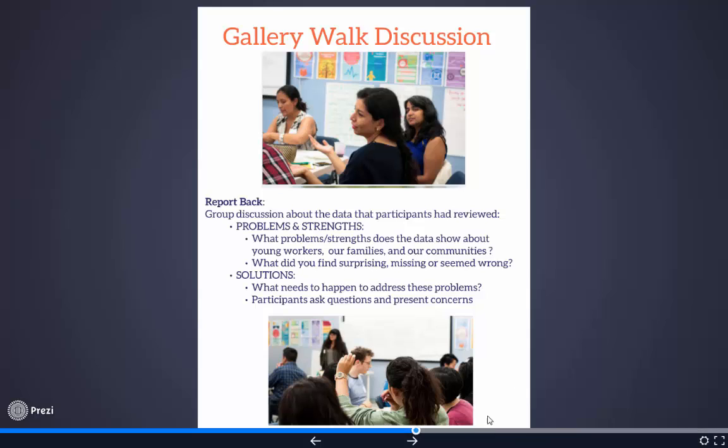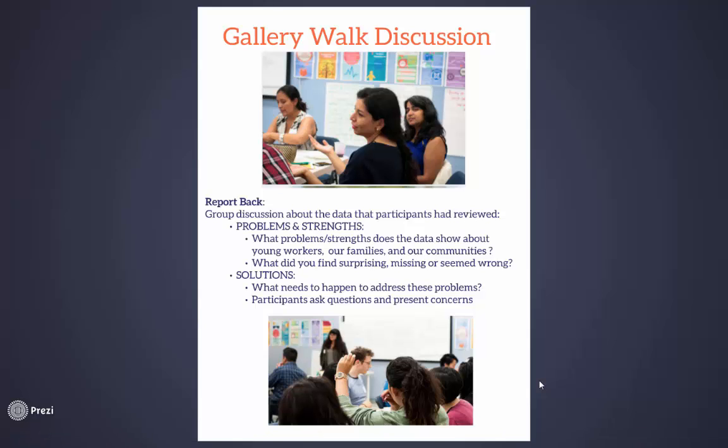After each group goes to each section, we regroup. And this is called the gallery walk discussion. We report back. Group discussion involves talking about problems and strengths of the data. For example, what problems and strengths does the data show about young workers, our families, our communities?